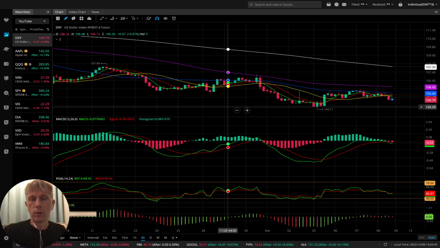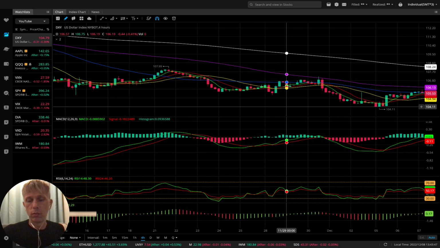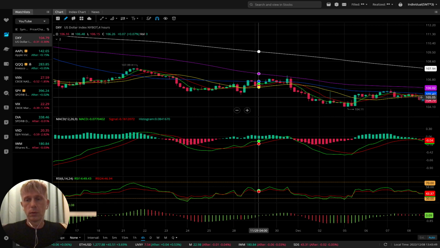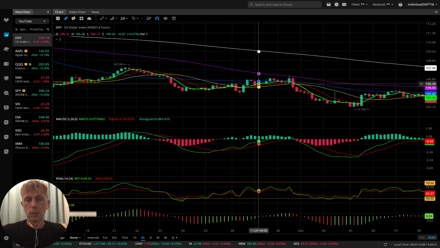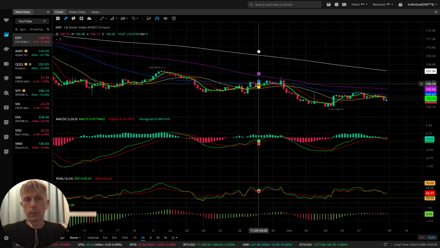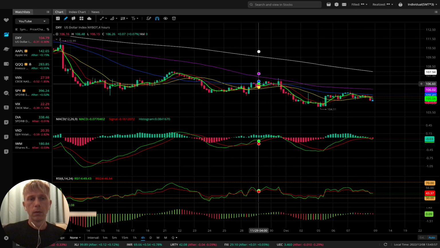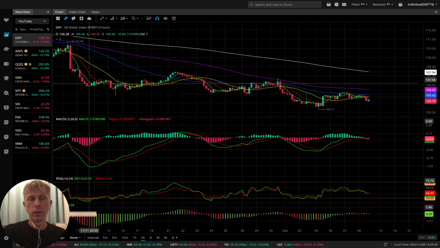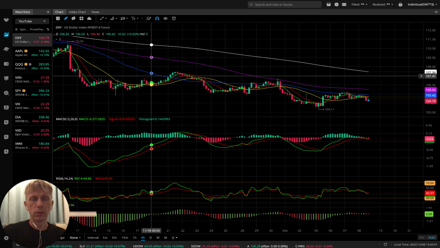On 4 hours it's bearish with bullish divergences. We still have bullish divergences, if you let me show you a larger picture. From this point to this point it's a downtrend, right? Let me show you with this line.